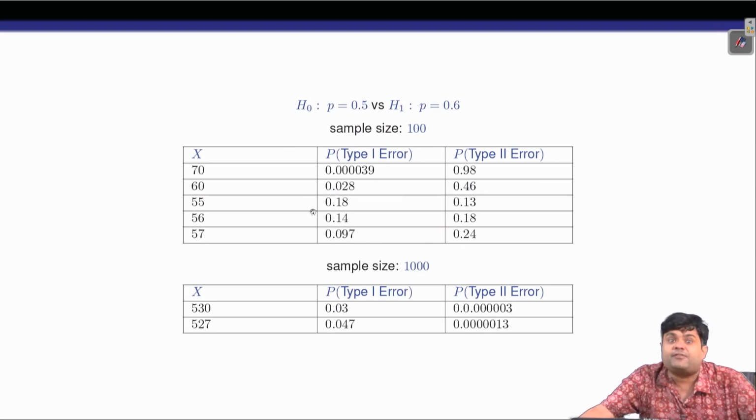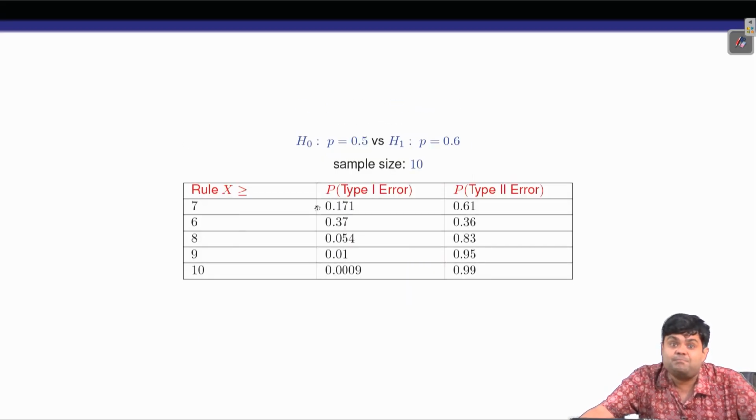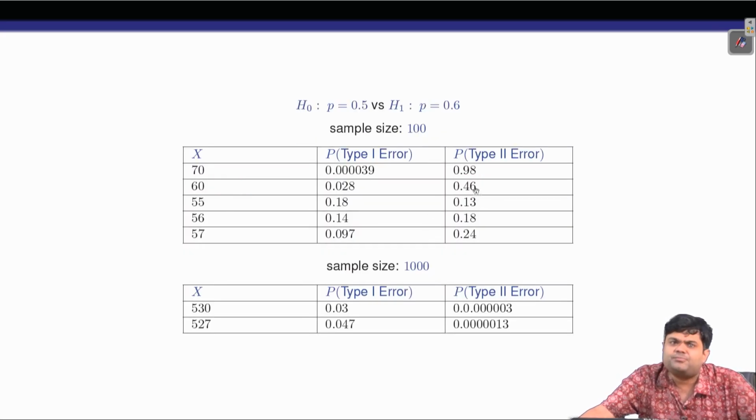Here already 55 is giving you more or less similar type 1 error and drastically lower type 2 error. 56 is even better, type 1 error is actually less than in this situation, and type 2 error is pretty much less. At 57, type 1 error is even less, type 2 error somewhat more.